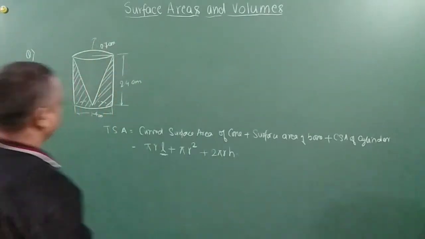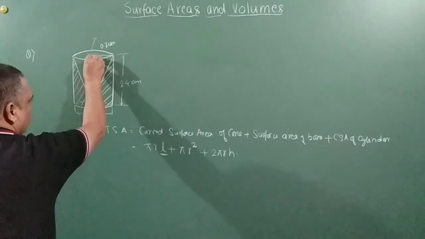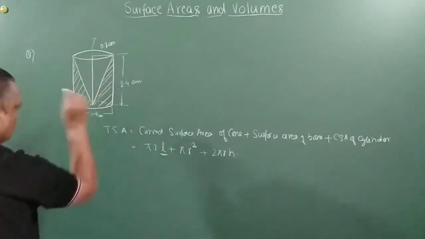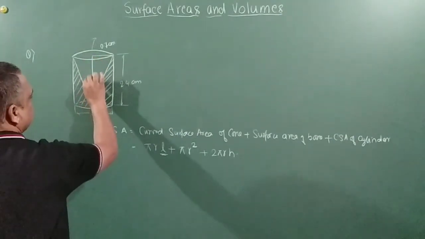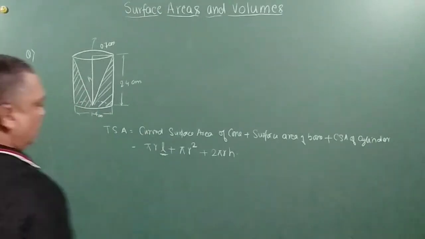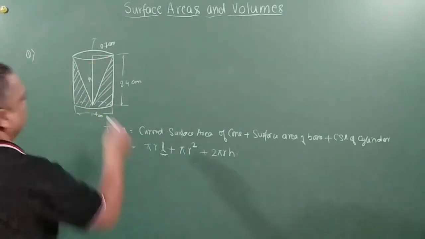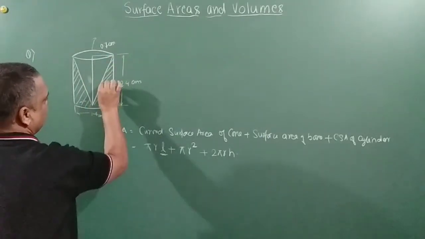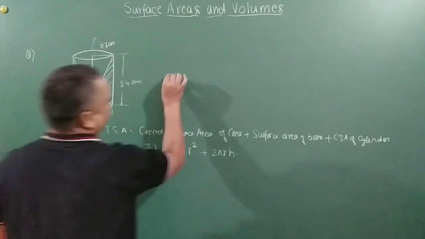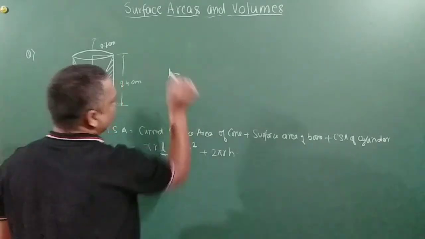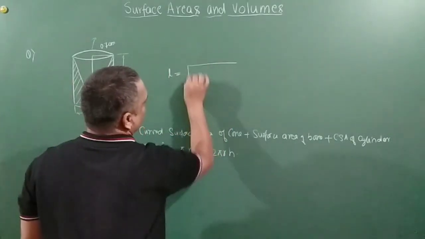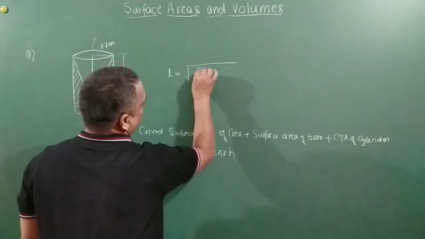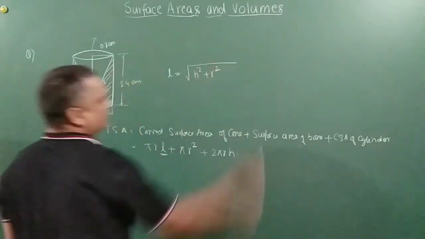centimeter, right? So this height, find this L. Height is also given 2.4. I need to find this L, this distance L, right? So we all know, friends, L will be equal to how much? Square root of h square plus r square, right?